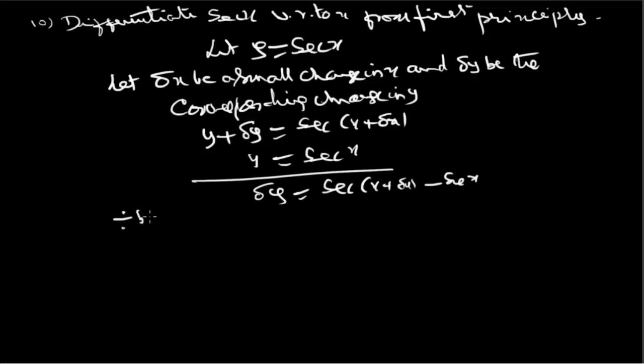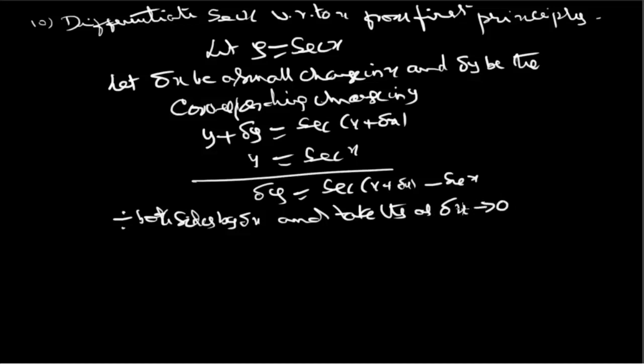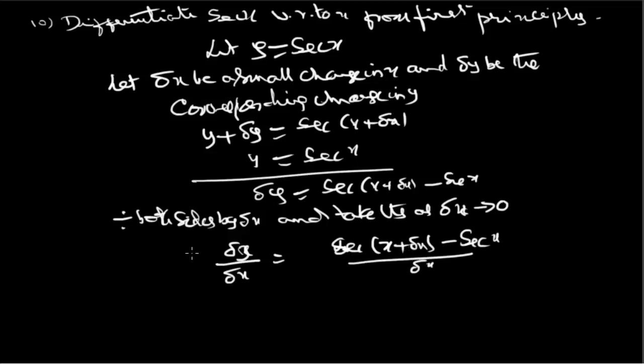Divide both sides by delta x and take limits as delta x tending to 0. So first divide by delta x, delta y by delta x is equal to secant of x plus delta x minus secant x by delta x. Now write limits.